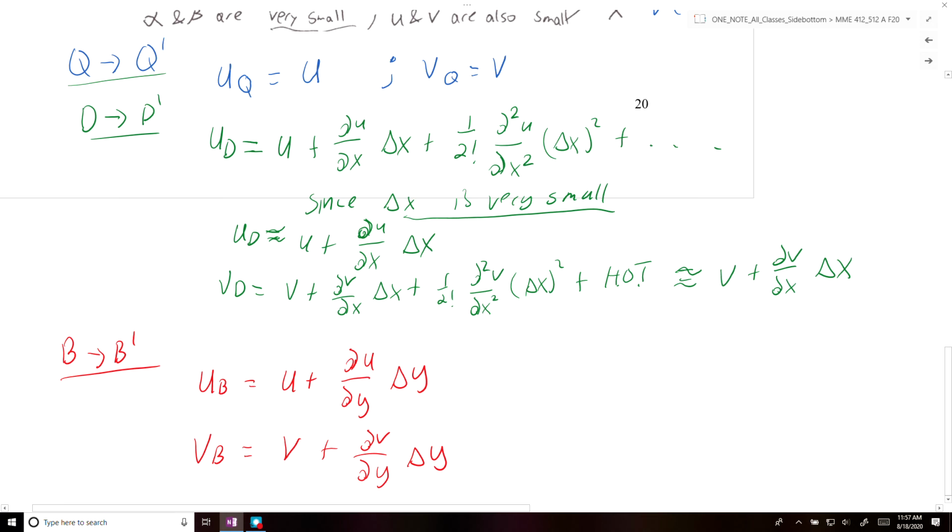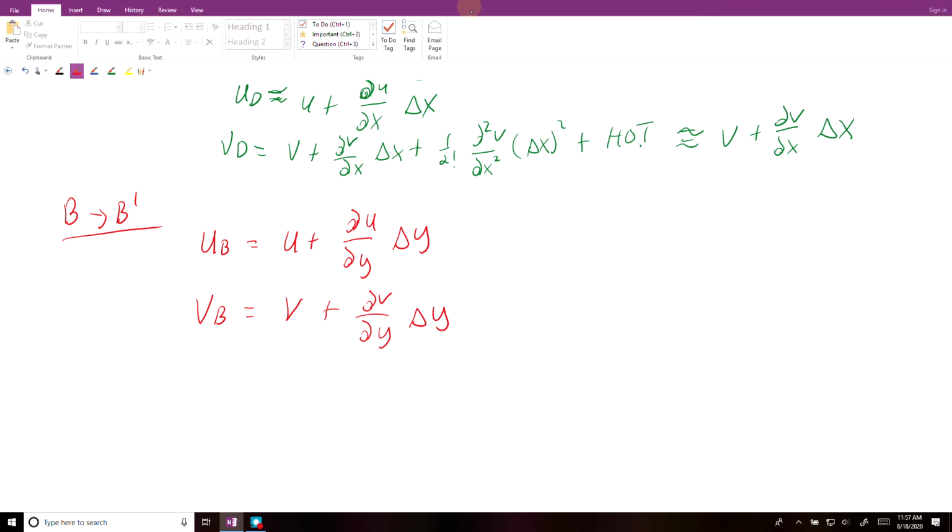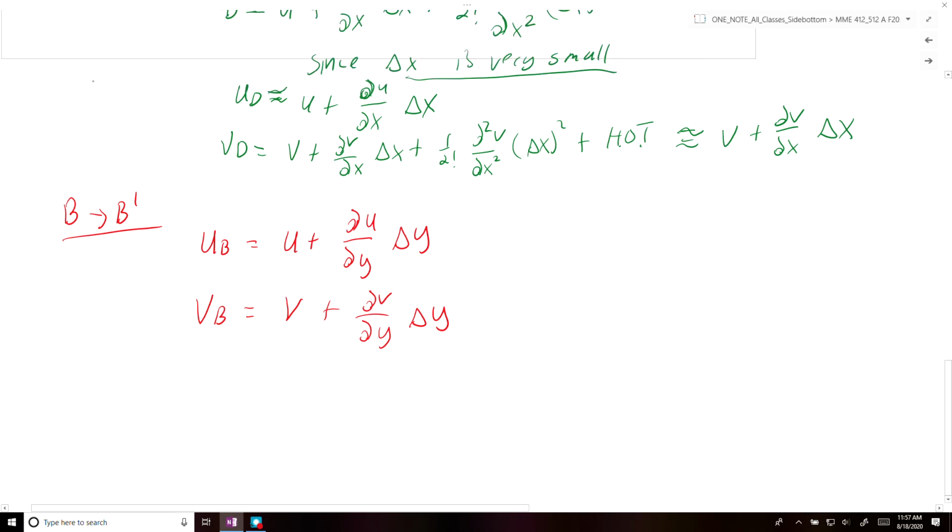Right. So from these relationships, we know that epsilon x is equal to the change in length over the original length, which is going to be equal to the final length minus the original length, divided by the original length.